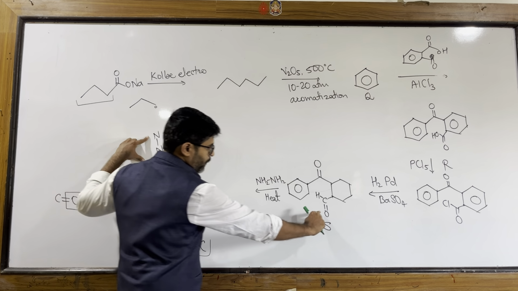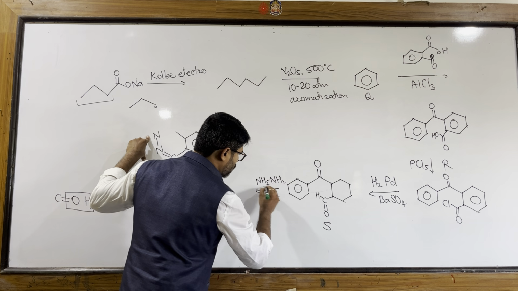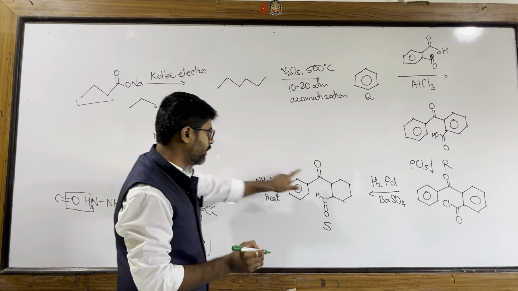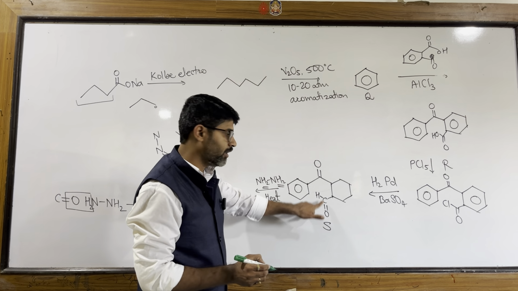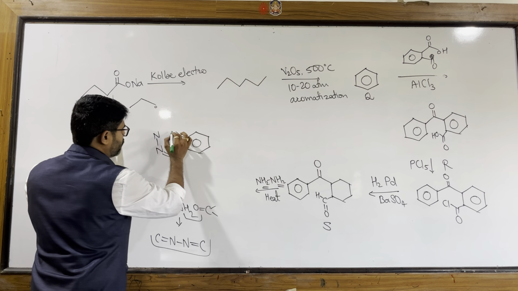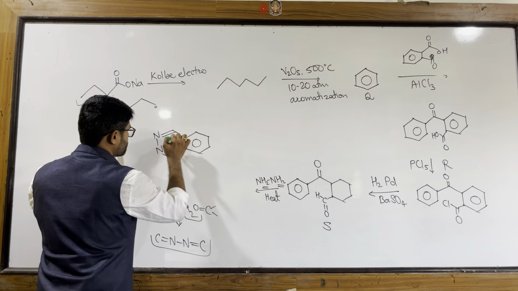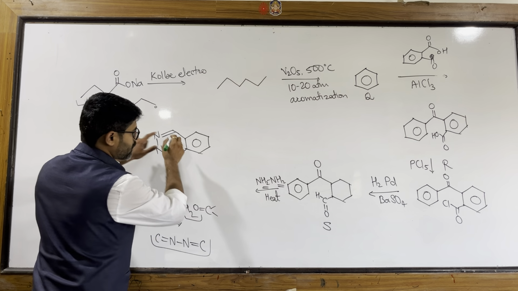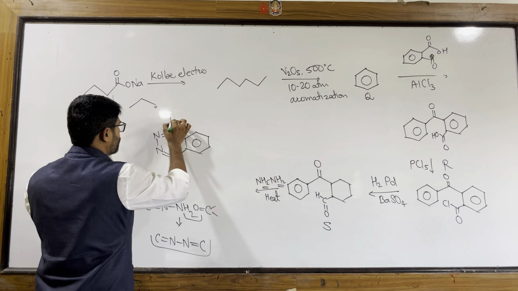So one oxygen and these two hydrogens are removed, and here we get a double bond N, here we get a double bond N. So between this carbon and this nitrogen we have one more double bond. On this carbon we have one more benzene ring.